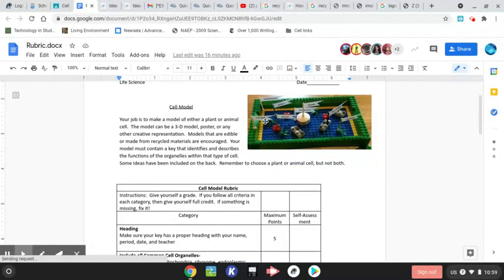Sometimes you could put little flags to label the organelles, but you would also still need some kind of a sheet attached or with that model that would describe the organelles in your own words. Do not copy and paste. Do not use language that's above you. Nice and simple. Okay, the nucleus controls the cell because it controls protein synthesis.